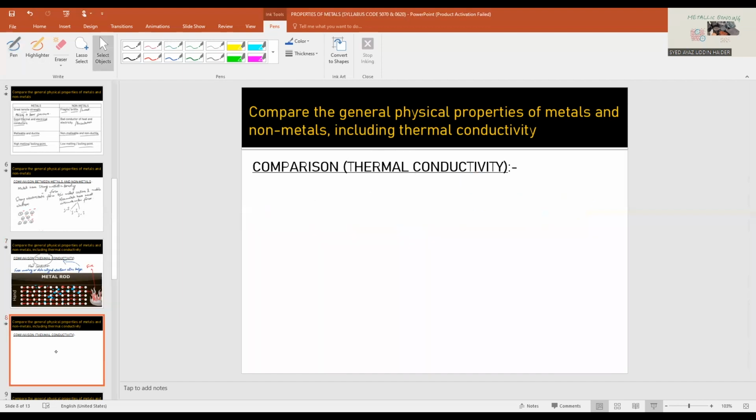Now, comparison between metals and non-metals. Metals, as I just explained, are good thermal conductors.